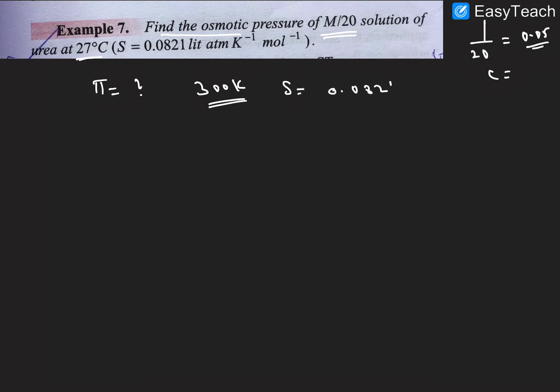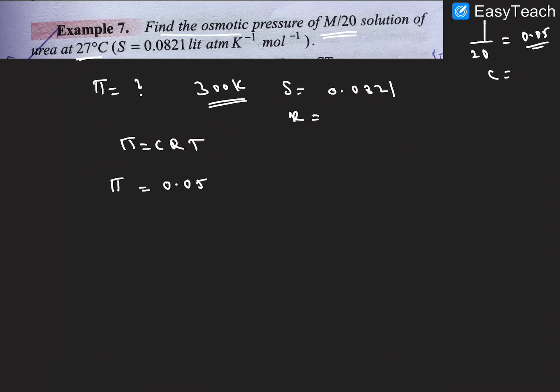The R value is 0.0821, they are mentioning here. R is nothing but the gas constant. So what is the general formula? Pi is equal to C into RT, right?